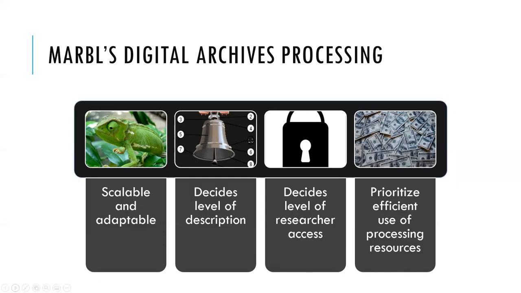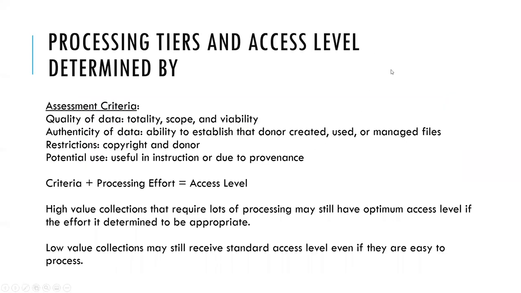So to wrap things up by looking at some of the criteria that the Emory University Archive used when determining the descriptive levels and the access levels of their digital archives.